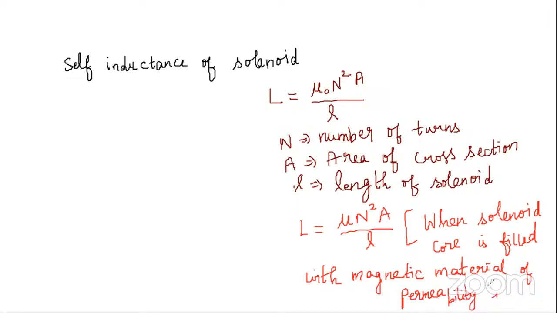So when it is filled with magnetic material of permeability mu, then you will be having this formula. Okay, L equal to mu N squared A by L.